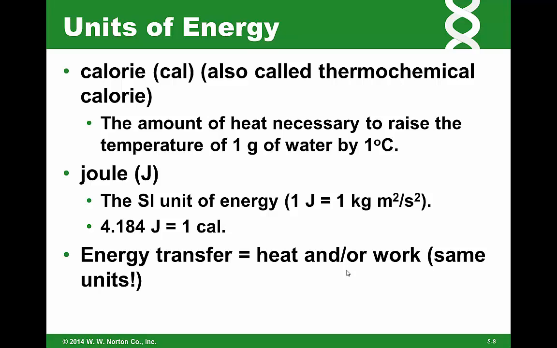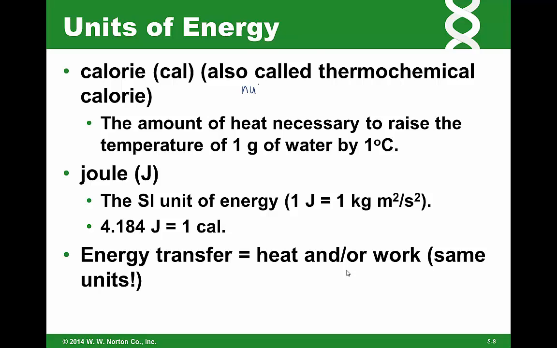This is an operational definition because this is the amount of heat energy that needs to be added to raise the temperature of 1 gram of water by 1 degree Celsius, from 14.5 degrees Celsius up to 15.5 degrees Celsius. Whatever amount of energy you have to put in to make that happen, that is 1 calorie of energy.